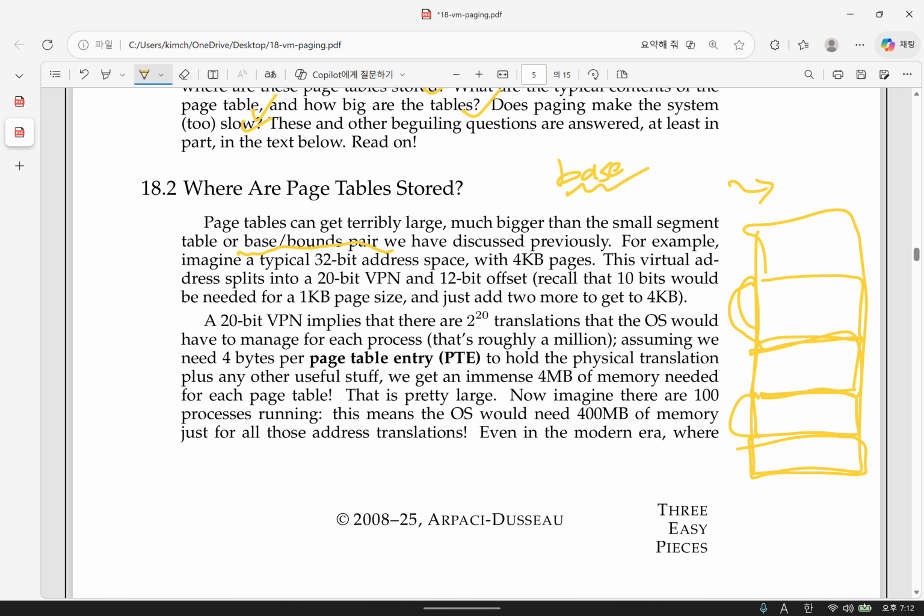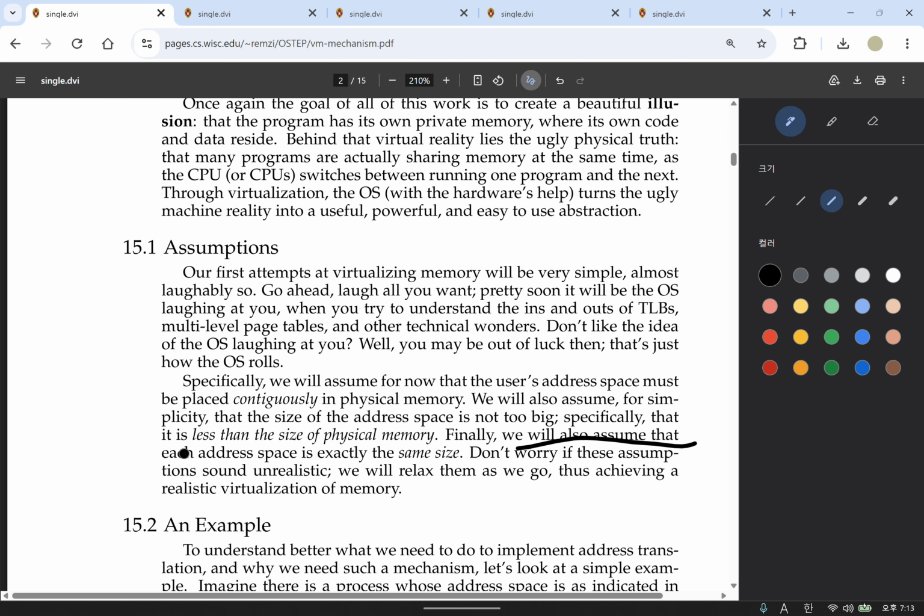But if you recall from the assumptions, we have the assumption that each address space is exactly the same size. That was the final assumption. But now with paging, we do not have to worry about that. If each address space is not the same size, then there would be external fragmentation possible. It would be possible in base and bounds too.